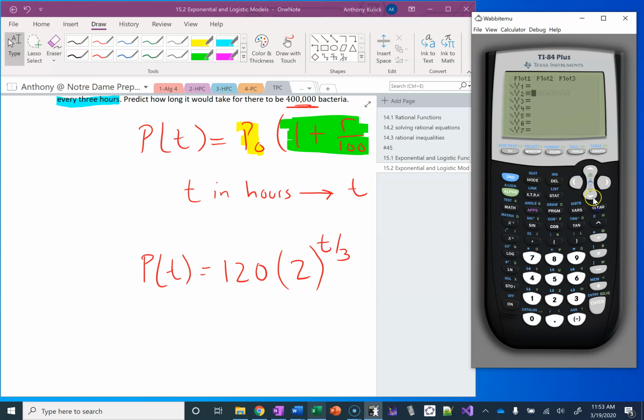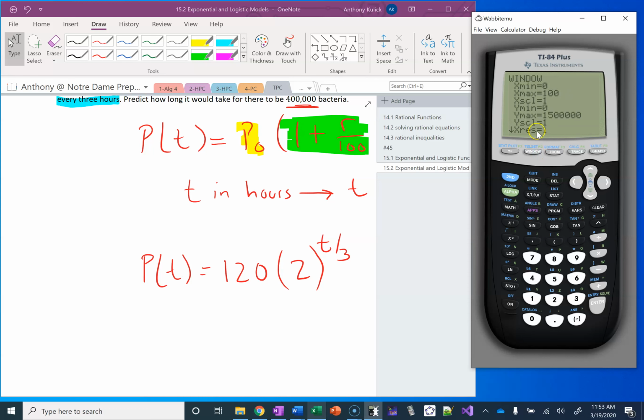Go in and clear all this stuff out. And I'm going to type in my model into my first spot. And again, I'm just going to use X's instead of T's. And then my next spot is going to be 400,000. So that's a 4 with 5 zeros after it.